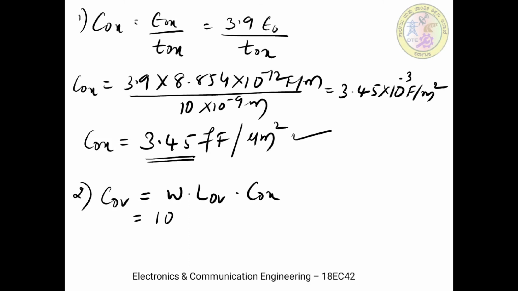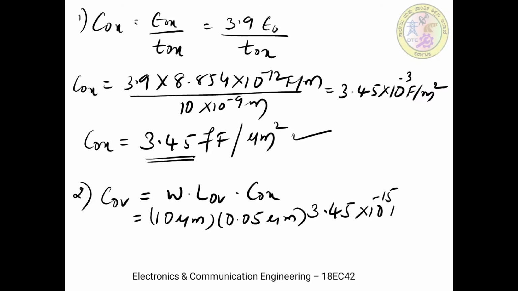Width is given as 10 micrometer, length is 0.05 micrometer as per the given problem, into 3.45 into 10 to the power of minus 15 farad per micrometer square. The micrometer in the numerator and micrometer square in the denominator will get cancelled. So overlapping capacitance will be 1.72 femtofarads.